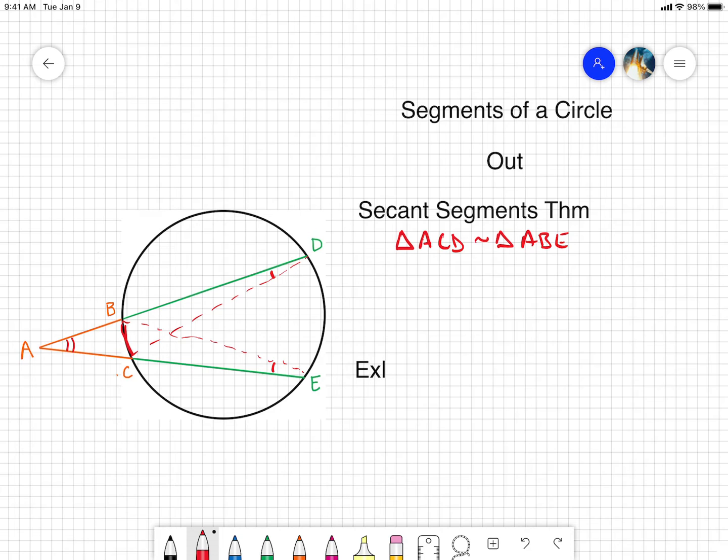Any questions so far? And once again, because I have similar triangles, let's look at what happens to their side lengths as far as proportionality is concerned. Okay. So the segment I'm going to look at is AC compared to AB. Okay. So I know that AC over AB is going to equal the ratio between, and then instead of doing CD, because CD was the segment that we just randomly drew in here, right?